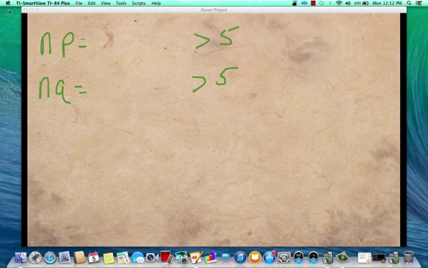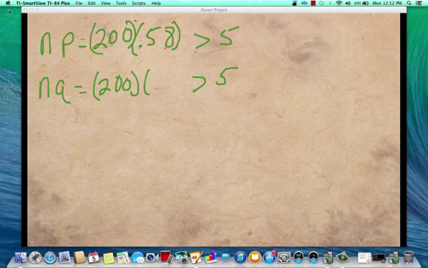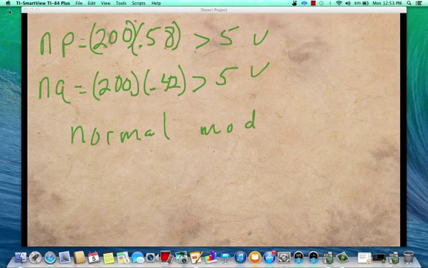If they are, I know I can use a normal distribution model. So 200 times 0.58 is definitely greater than 5. Now let's check n times q: 200 times 0.42. That's also greater than 5. So I know that I can use a normal model.